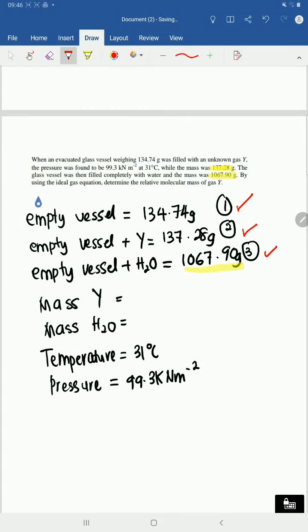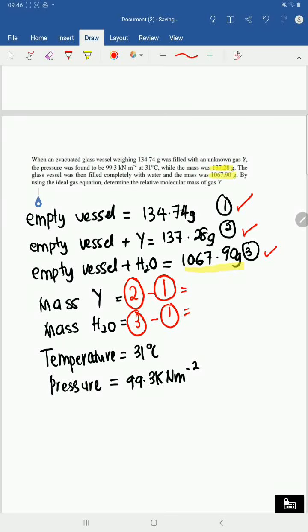You need to find the mass of gas Y, which is by subtracting equation 2 with equation 1. For the mass of water, mass number 3 is subtracted with mass number 1.